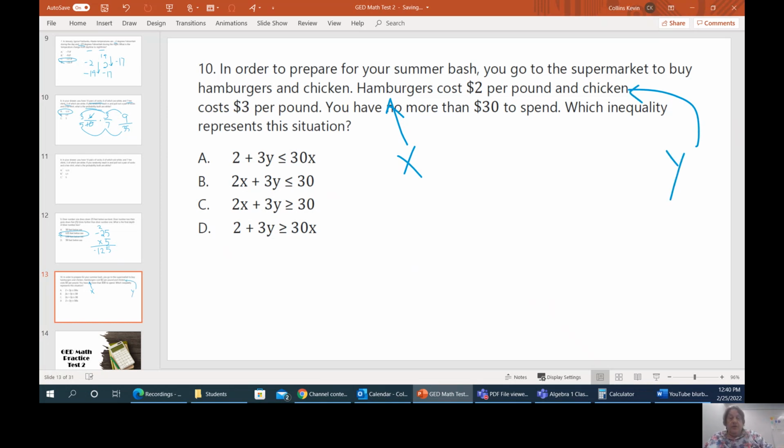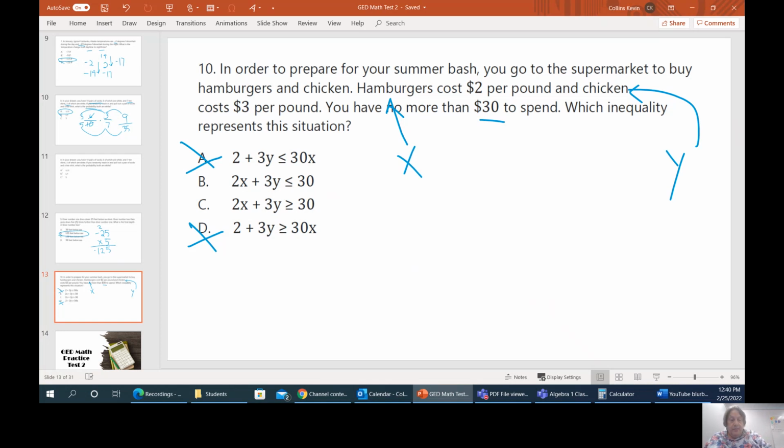Okay, so $2 per pound. So we want to talk about this in terms of money. So the amount of money we have to spend is $30. $30 is a constant number. It's not going to change. So right away, we can get rid of this one and this one because that's 30x. That means it's going to change. Okay. So then the other thing we can look at, says we have no more than $30.